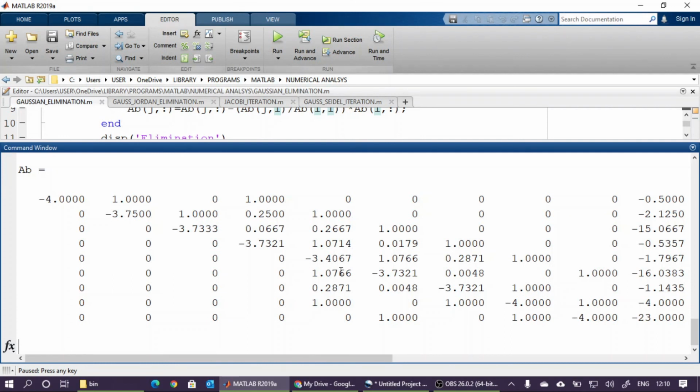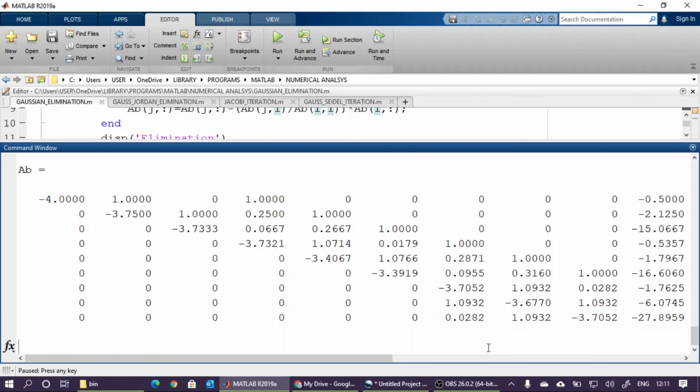This is the augmented matrix after the fifth elimination. During the sixth elimination, we have to remove x6 elements from the seventh row onward. This is the augmented matrix after the sixth elimination.